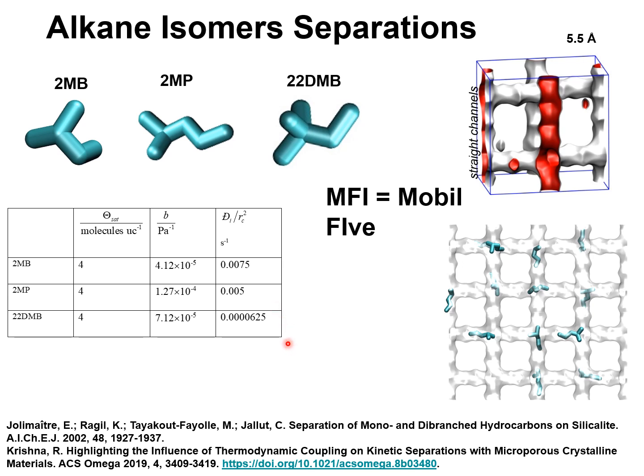And I demonstrate this by examining a set of 6 experiments reported by Joly-Maitre in the AICHE journal paper published in 2002. The analysis I will be presenting is based on my own paper published in ACS Omega in 2019.